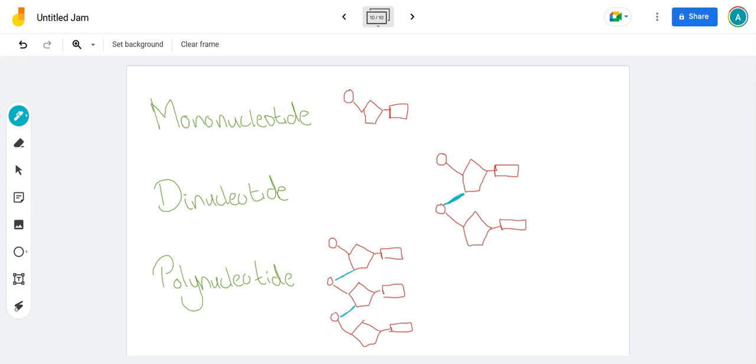Just like in our work on carbohydrates and proteins, when we join them together to form these bonds, the bonds are made in condensation reactions, and they're broken in hydrolysis reactions. Just the same as in the other topics we've done.